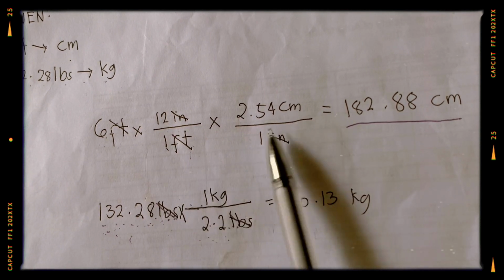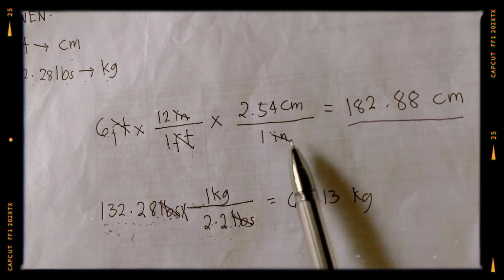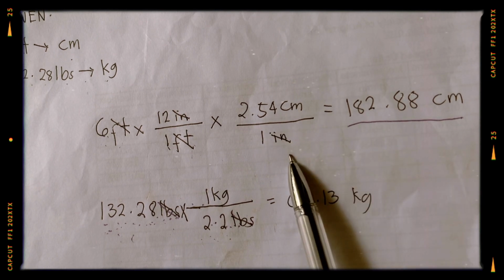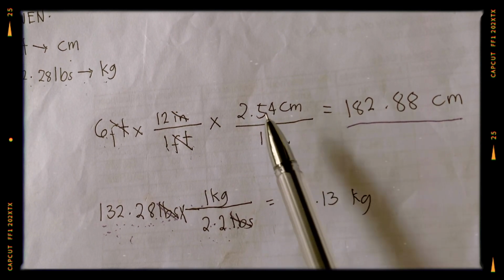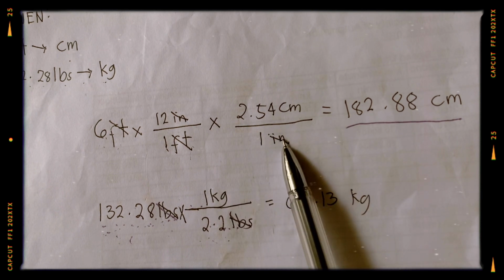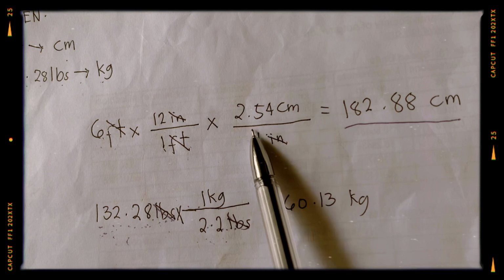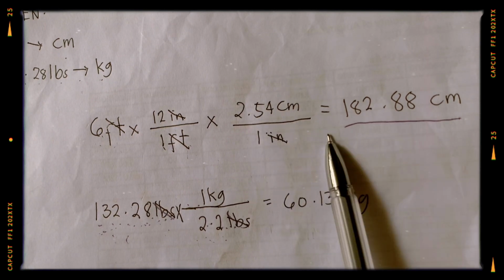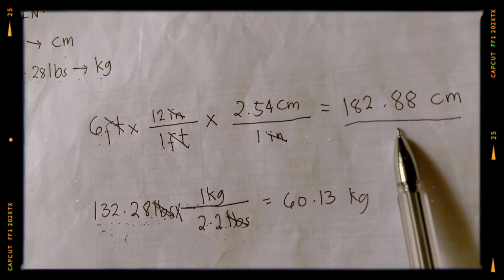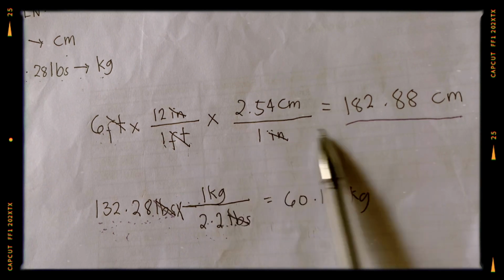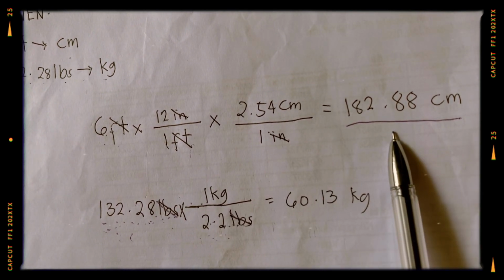To convert to centimeters, we need to convert the inches into centimeters. 1 inch is equal to 2.54 centimeters. Cancel the inch and multiply 6 times 12 times 2.54 over 1, which is equal to 182.88 centimeters. And this is Ivan's height in centimeters.